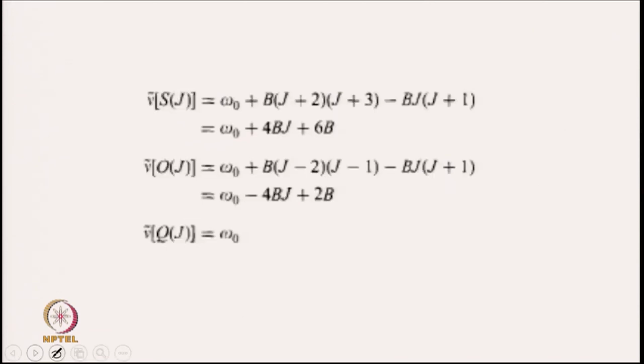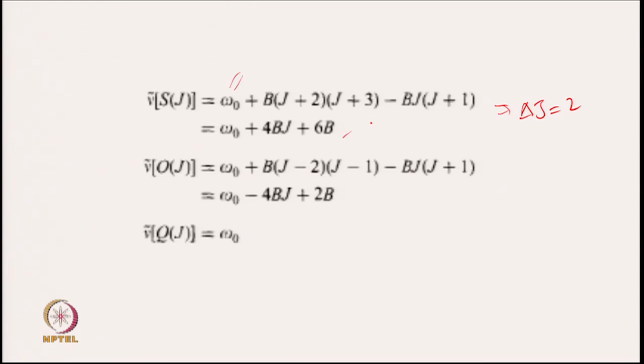And then you can calculate the wave number nu bar for S, O and Q transitions. This vibrational part is not going to change because delta V is plus minus 1 in rotational vibrational Raman spectroscopy, but delta J is going to be plus 2. For delta J equal to plus 2, the wave number is given by omega naught plus 4BJ plus 6B.